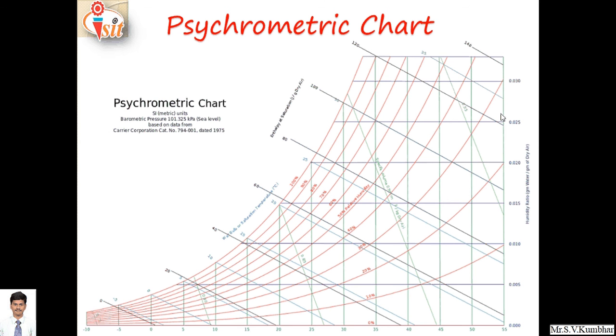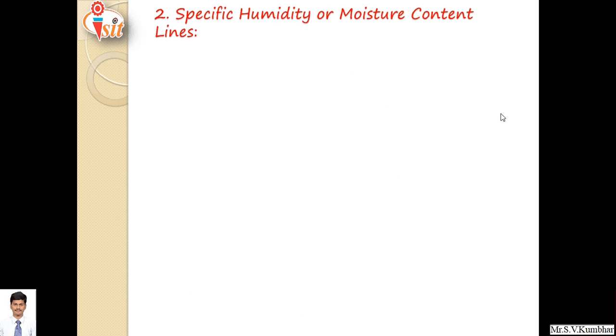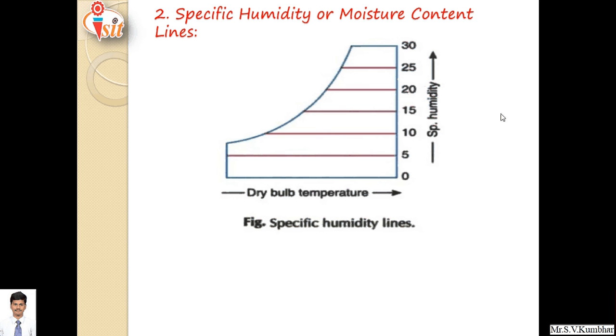If I had shown such a chart directly to you, your eyebrows may have risen, because it is not clear in this picture what the horizontal lines are, what the curves are, what is 100%, what is 0%, and what the vertical lines are. So we will see this chart once again at the end of this lecture. Before that, how to draw this chart?